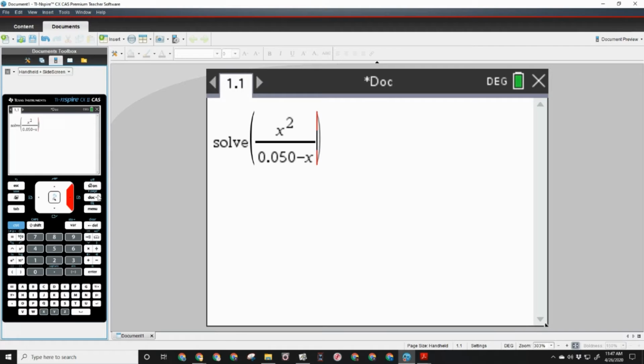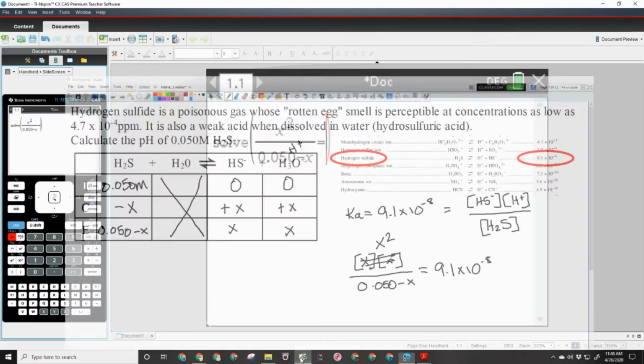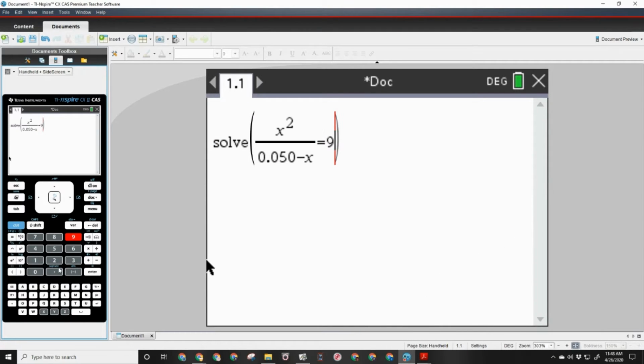Then I hit equal and put in the Ka value, 9.1 times 10 EE to the negative 8. Here is that expression. On the TI Inspire CAS, you now put in a comma, which is the code for solve for x.